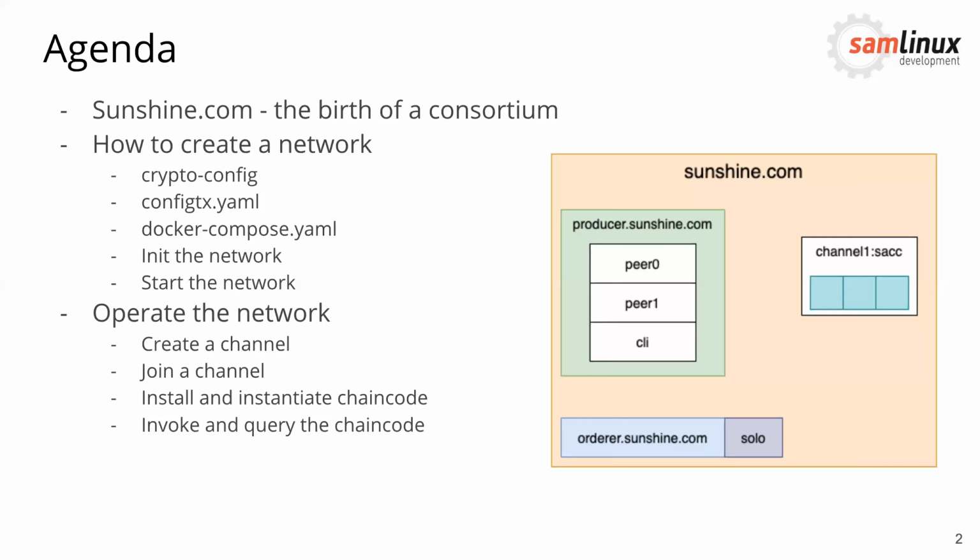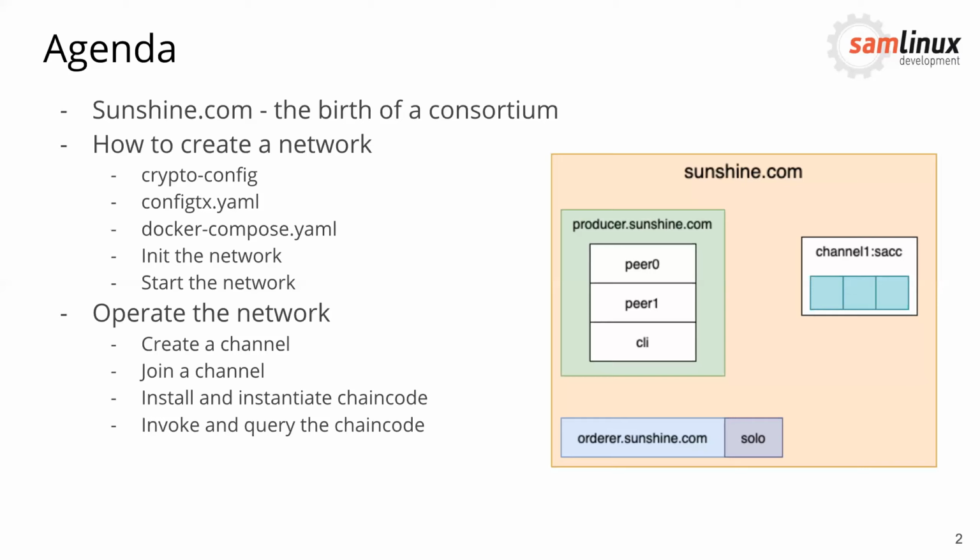Cryptogen gives us the structure in the first way, so that we can study these examples. Then in later sessions we can use Fabric CA to create the crypto materials for the peers, for the orderers, and so on. But that will come at a later time, because it's a very heavy task, since we have to copy a lot of things.